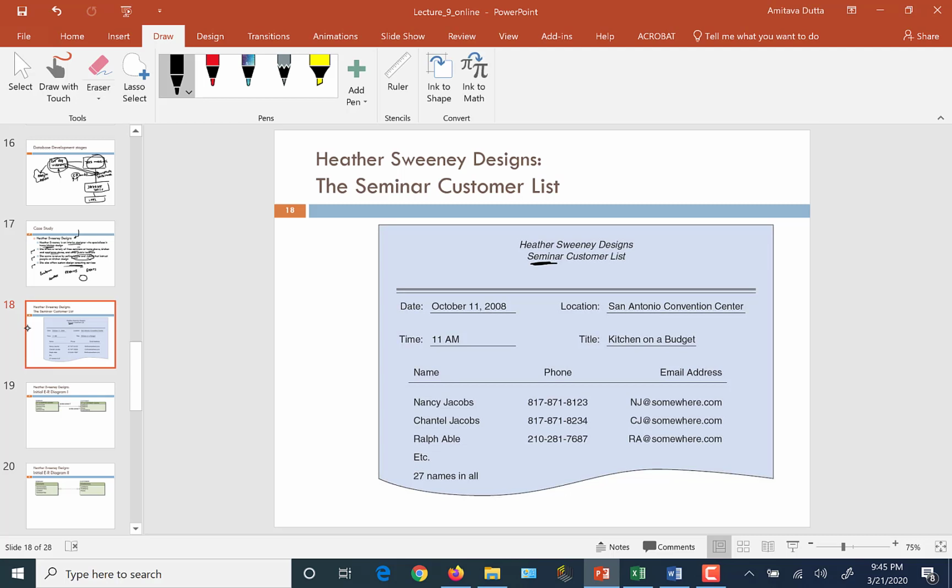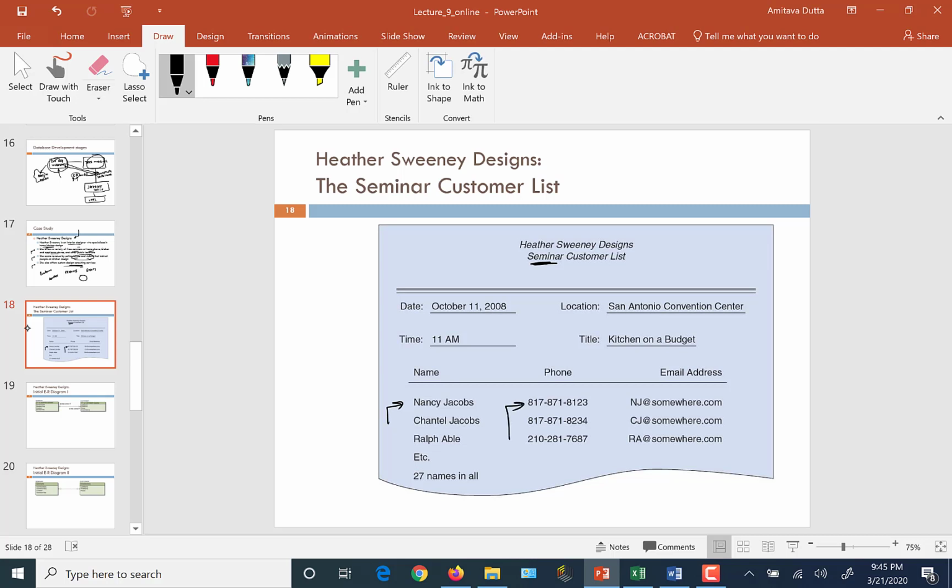So how is this useful? Why is this sign-up sheet useful for me for database design? You can pick up a lot of information from this. For example, I can see that for the customer, I certainly need to know the customer's name. Then also you can see here that I have gotten the customer's phone number.